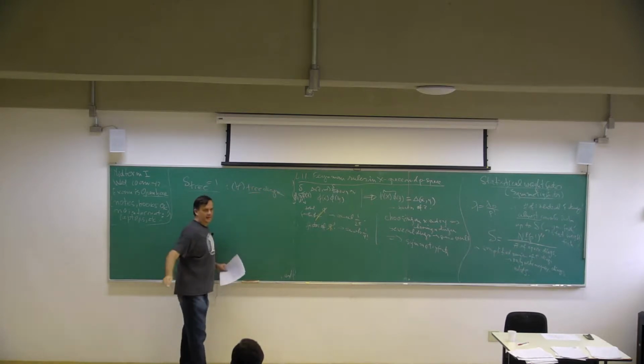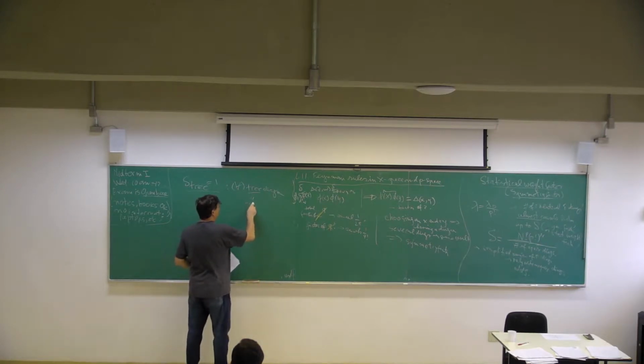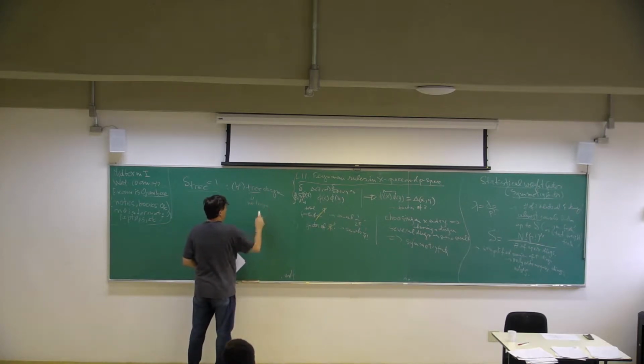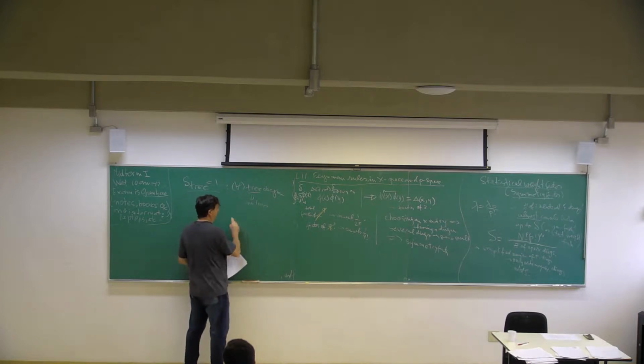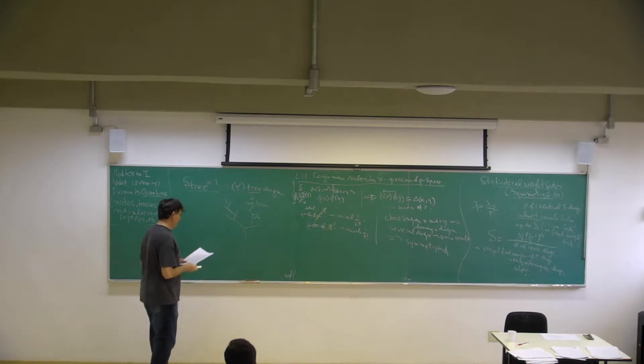Tree diagram means there are no loops. Tree refers to branchings, but no loops means I never come back to rejoin another branch.